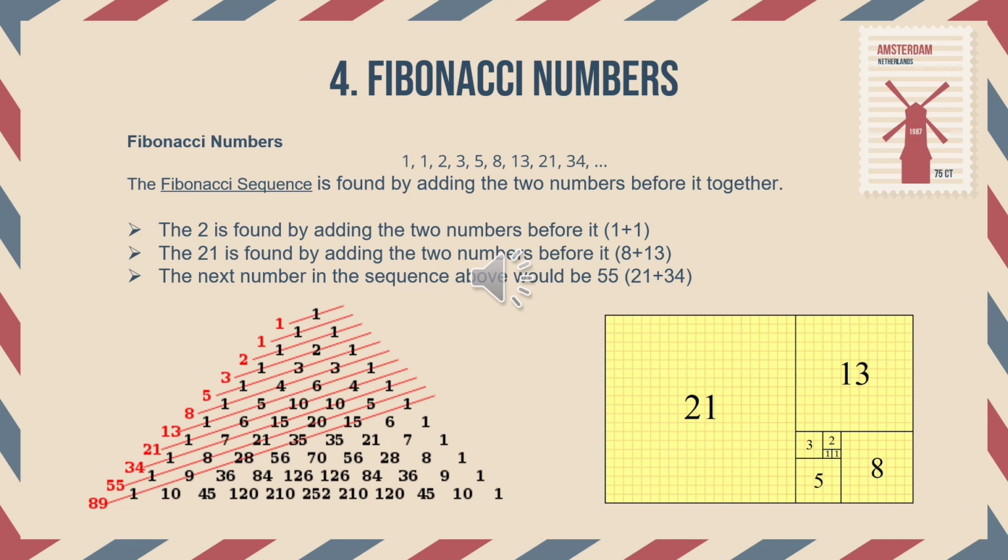The 21 is found by adding the two numbers before it: 8 plus 13 is 21. The next number in the sequence above would be 55. That is 21 plus 34. So, look, this is the Fibonacci number pattern.